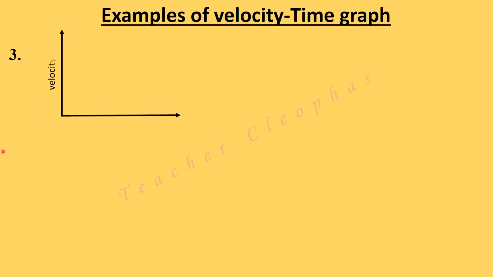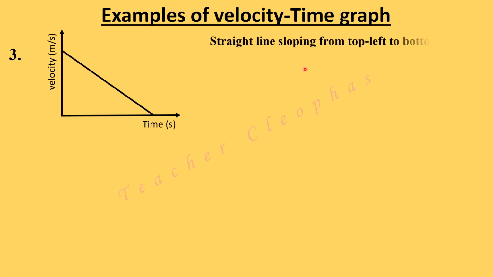Let's now discuss our third graph. This is the kind of graph that we have, a straight line sloping from top left to bottom right. So one thing that we can see clearly is that this velocity is not constant but changing.